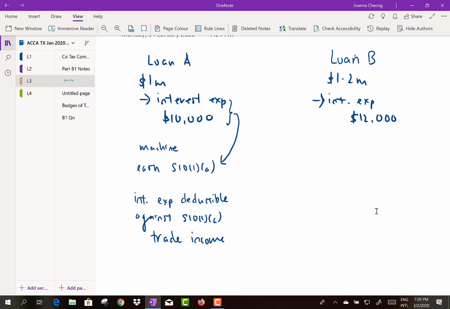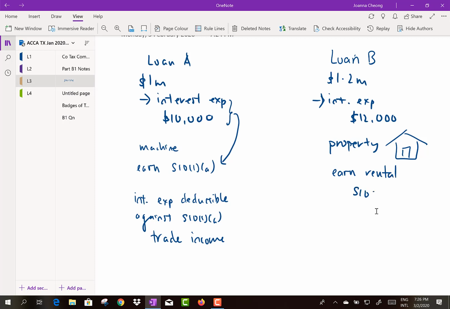So this 12,000, okay, you borrow this money because you want to buy a property. And this property, you want to buy it because you want to earn what income? You want to rent out. So you want to earn what income? Yes, you want to earn rental income.